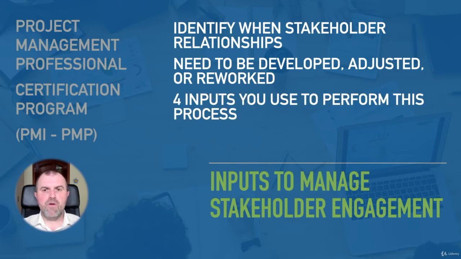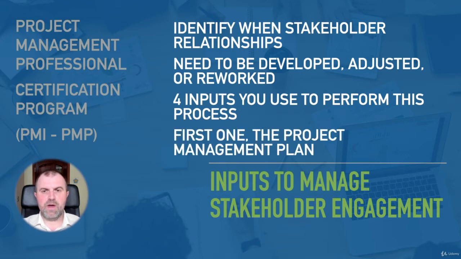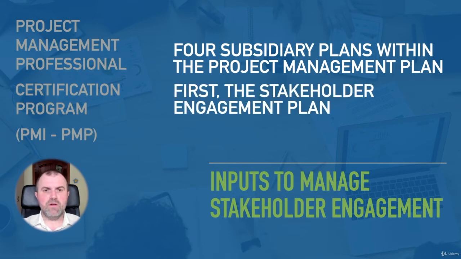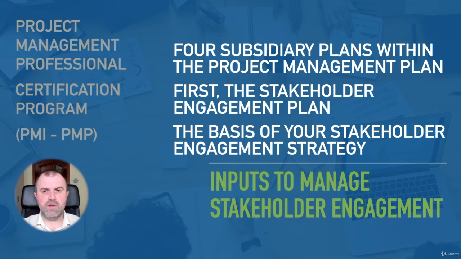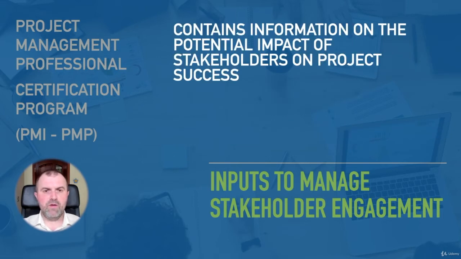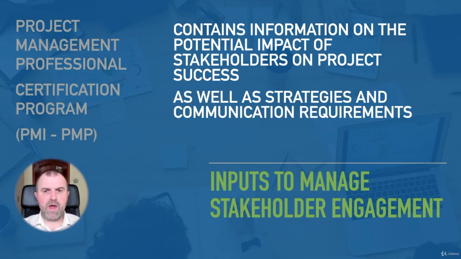There are a total of 4 inputs that you use to perform this process. Let's talk about the first one, the project management plan. There are 4 subsidiary plans within the project management plan that you will need. First, the stakeholder engagement plan is the basis of your stakeholder engagement strategy. It contains information on the potential impact of stakeholders on project success, as well as strategies and communication requirements.